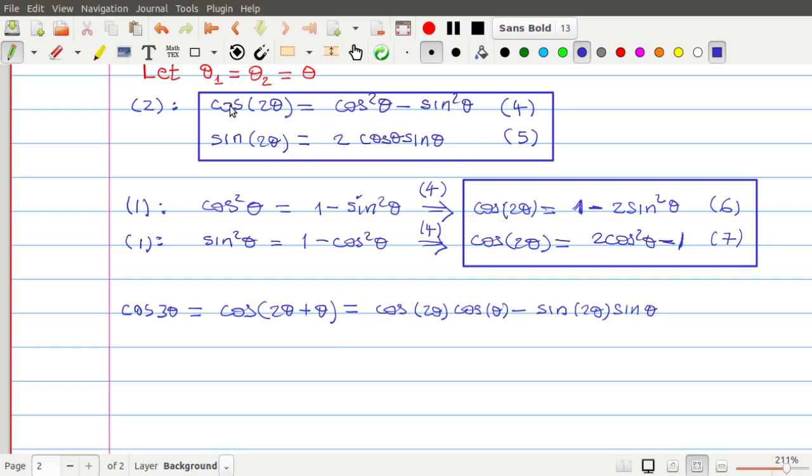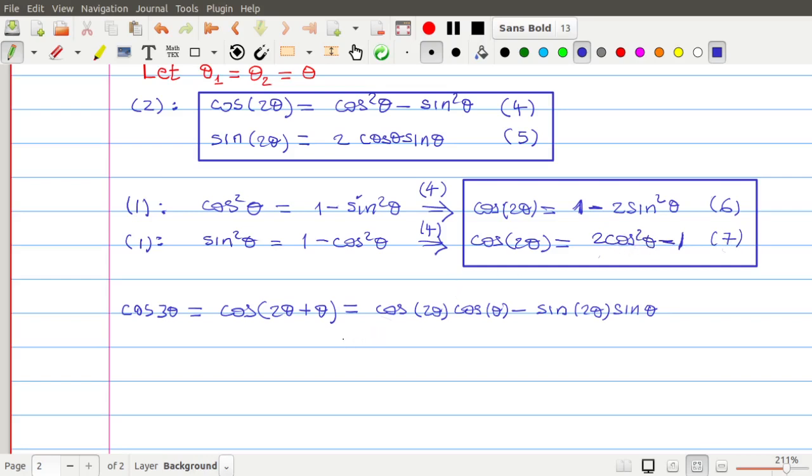But for cosine, we have three formulae, but they are all powers of cosine. So it's up to us to decide how we want to write it. Since cosine theta is present already, using equation 7 would be better, because we already have a cosine square here.